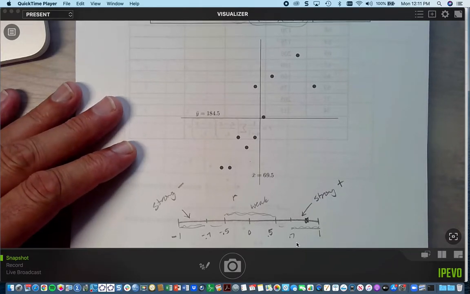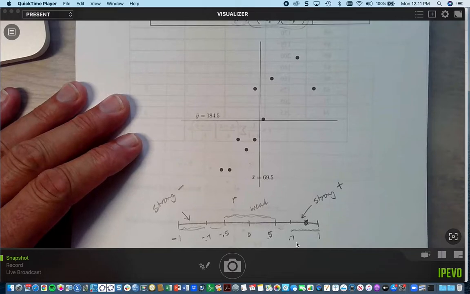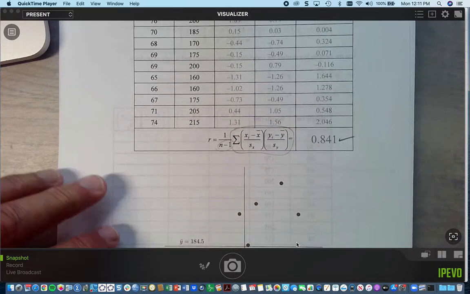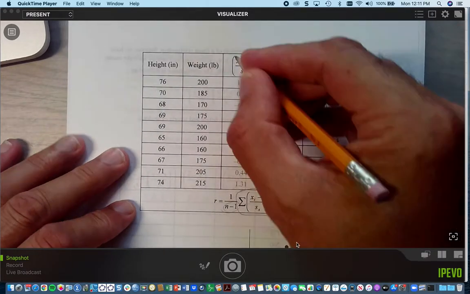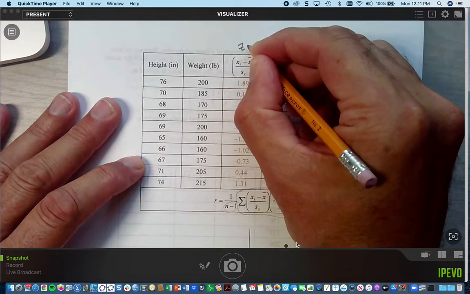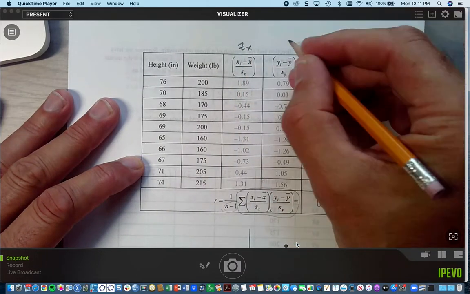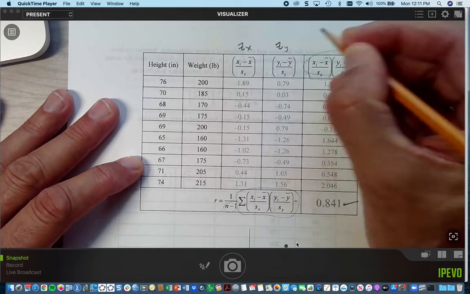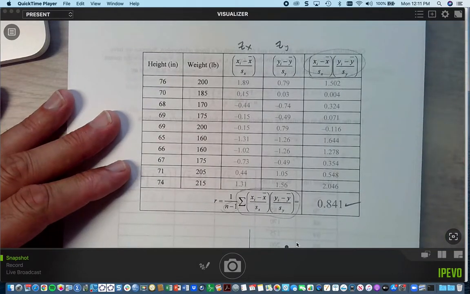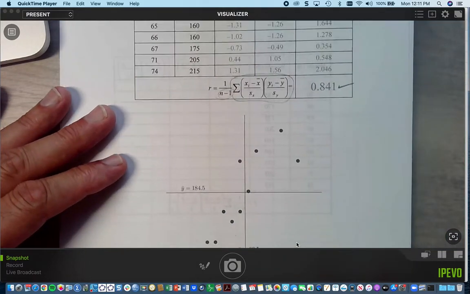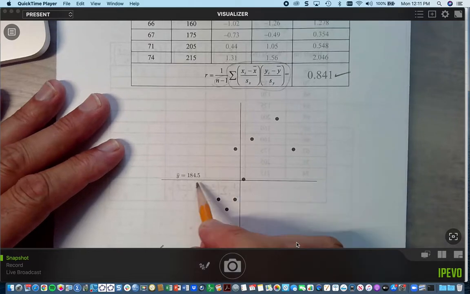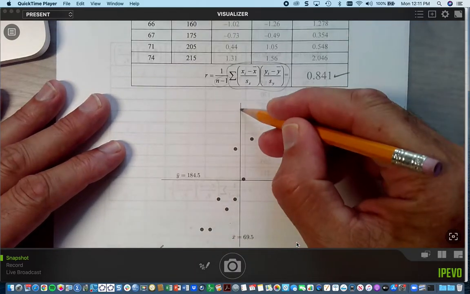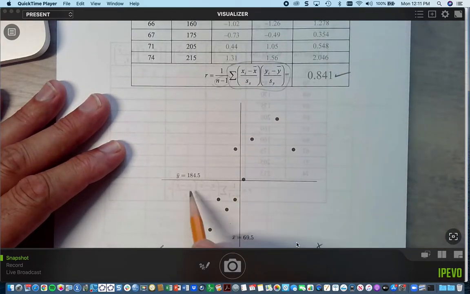Okay, and then I also want to look at how this formula kind of works. If I call this a z-score for the x value, and I call this a z-score for the y value, and we look at this graph, notice that these are not the coordinate axes.